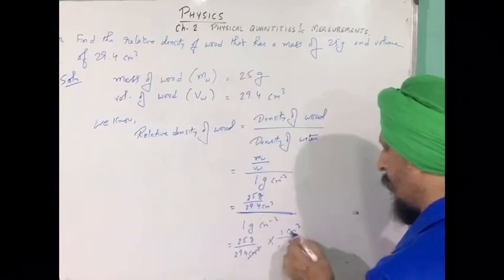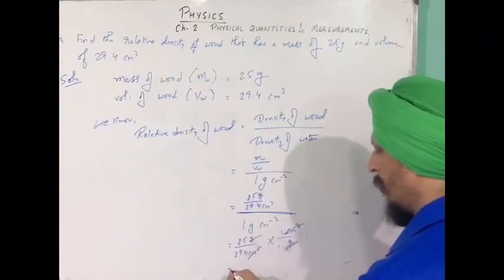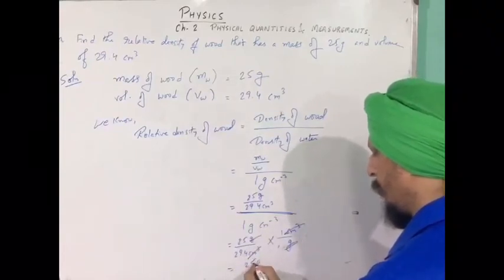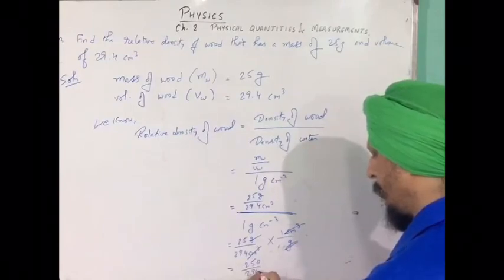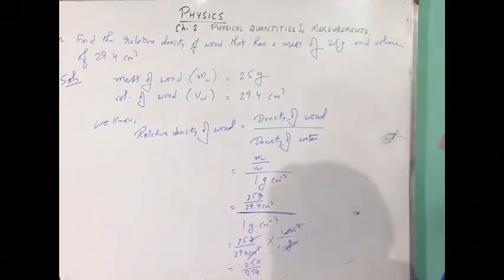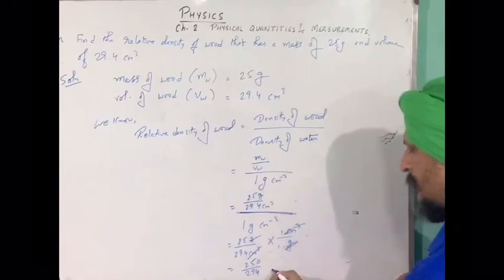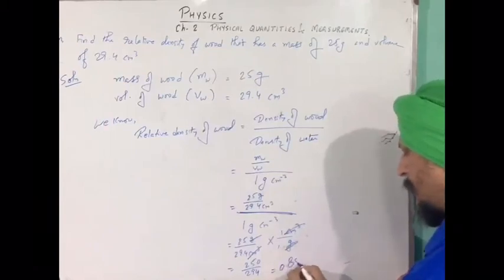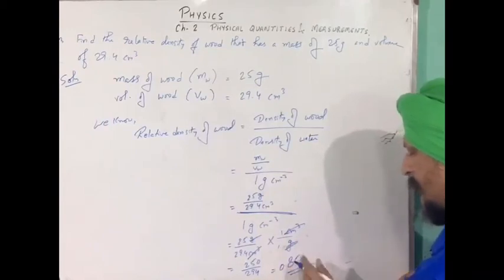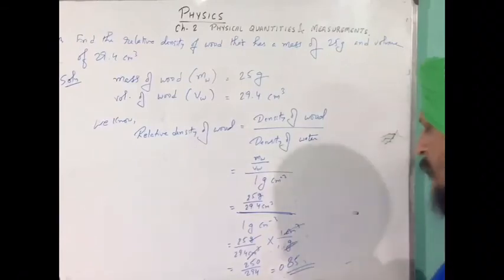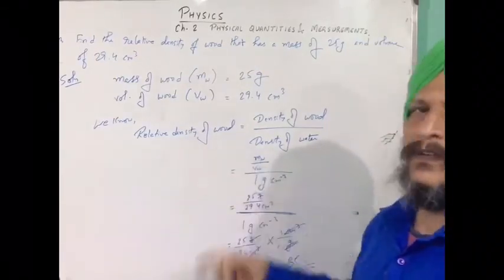Now strike out the units, and when you divide it, you get 0.85. This is the relative density of wood.